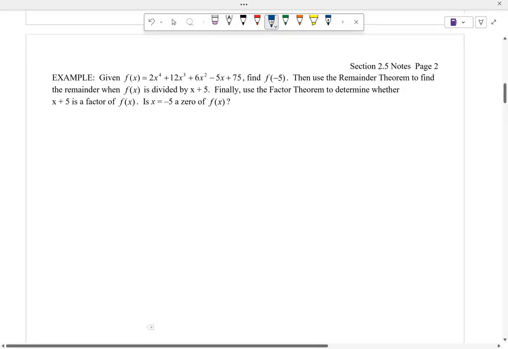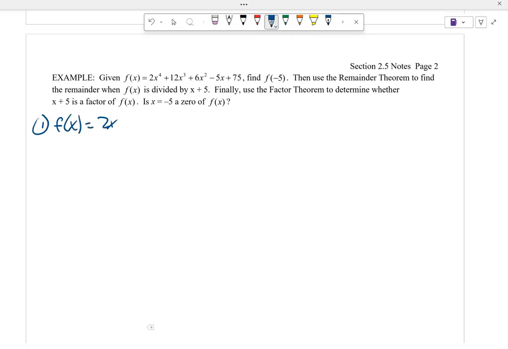Given this function, find f of negative 5. So we'll go ahead and throw in negative 5.